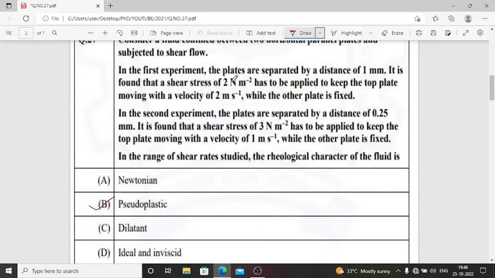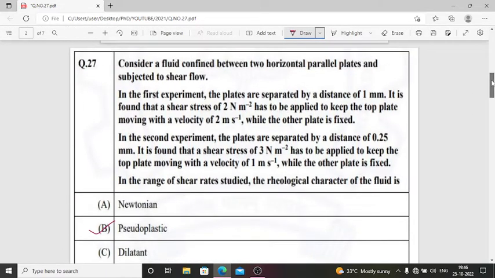Question number 27. Consider a fluid confined between two horizontal parallel plates and subjected to shear flow. In the first experiment, the plates are separated by a distance of 1 mm. So this is dy. The mm is converted into meter, 10 to the power minus 3 meter.